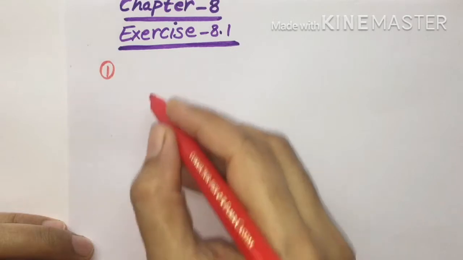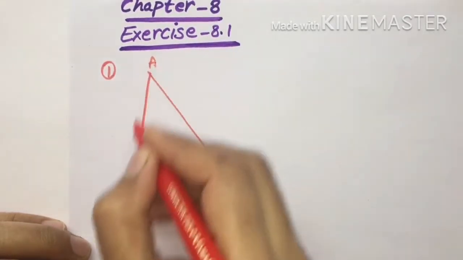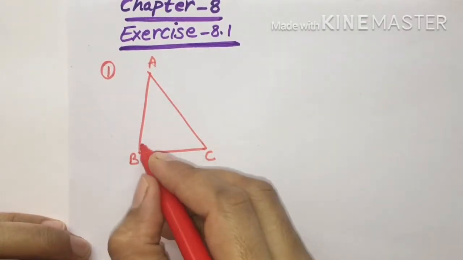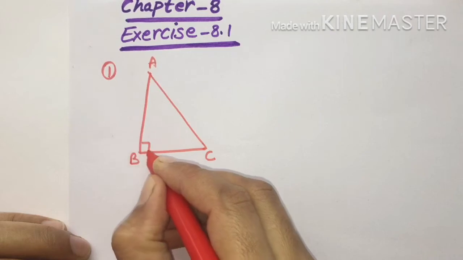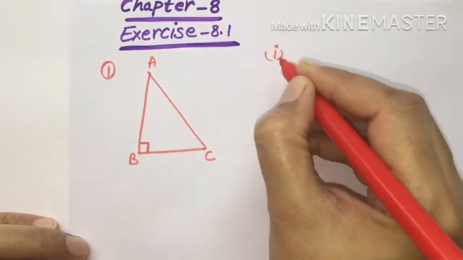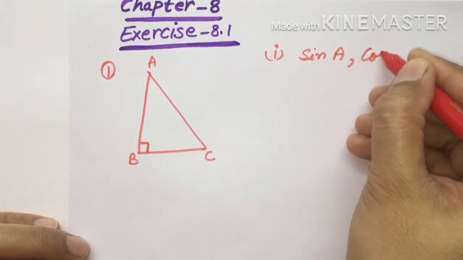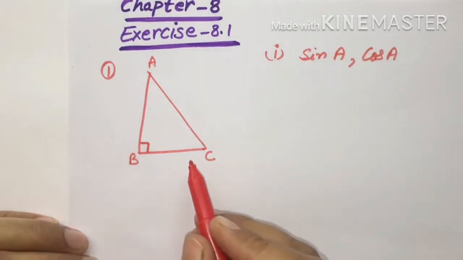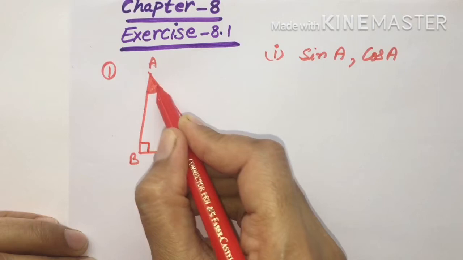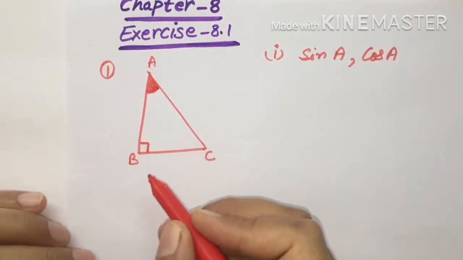So let's draw a triangle. Triangle ABC, and this is right angle at B. This is 90 degrees. First part, they are asking that you have to find out the value of sin A and cos A. So first we are talking about this reference angle A. We will find out which one is perpendicular, base and hypotenuse.